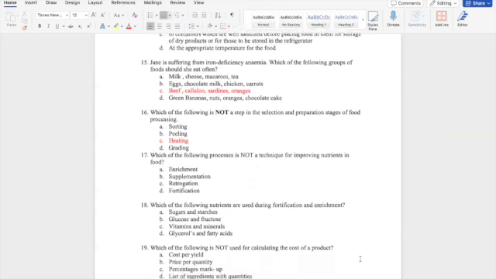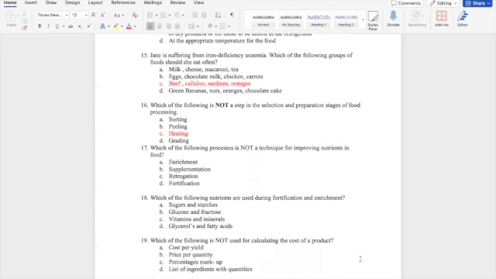Which of the following processes is not a technique for improving nutrients in food? Fortification. All right, number 18. Which of the following nutrients are used during fortification and enrichment? Vitamins and mineral. All right, let's go with that one.